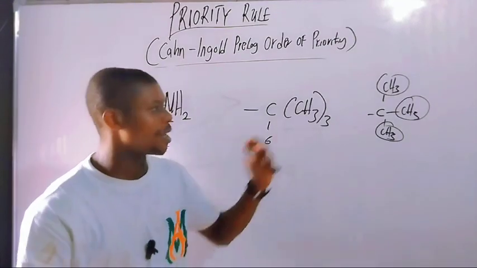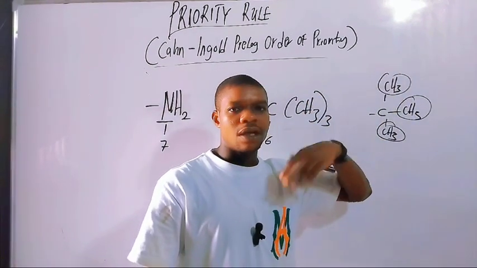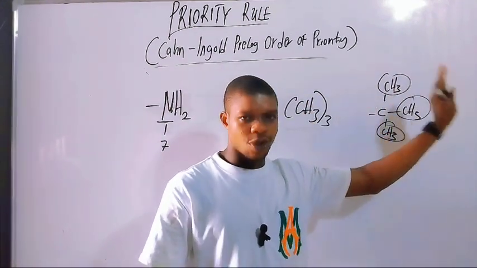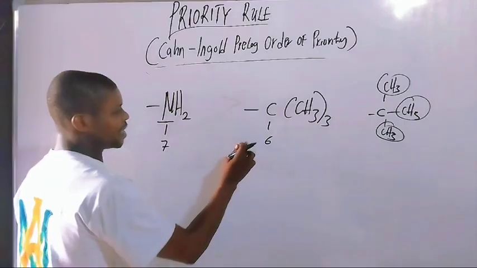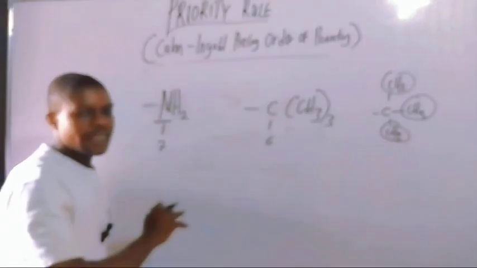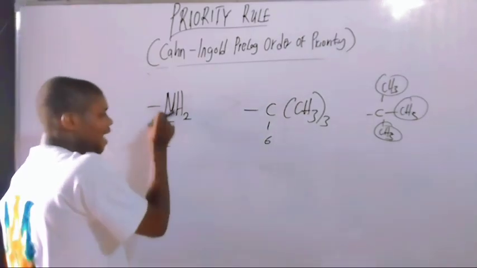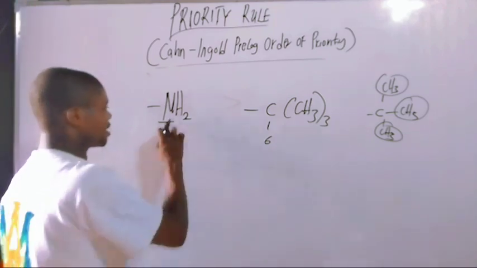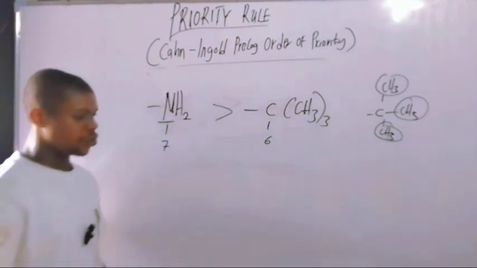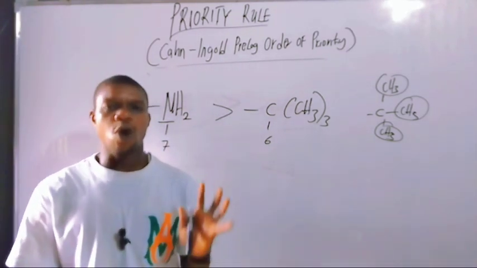It does not matter what the rest are. Because nitrogen is higher than carbon, even though carbon has more hydrogens here, it's not important. As far as the first element outranks the first element, that is it. So this one takes priority over this one. That is what we call rule number 1.